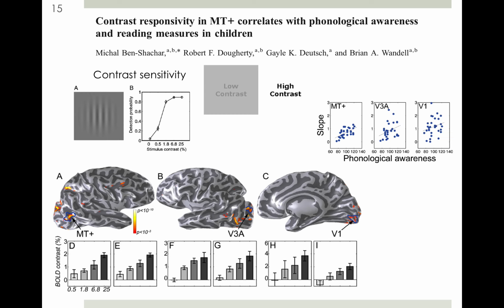And furthermore, what they saw was that the slope of your activity in the area MT and V3A and V1 was correlated with your phonological awareness score that was collected outside the scanner.